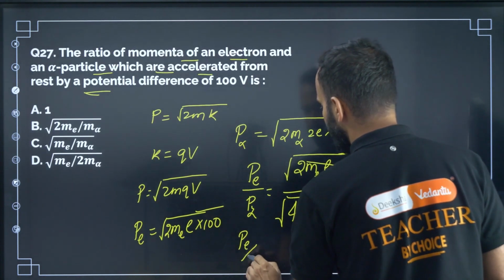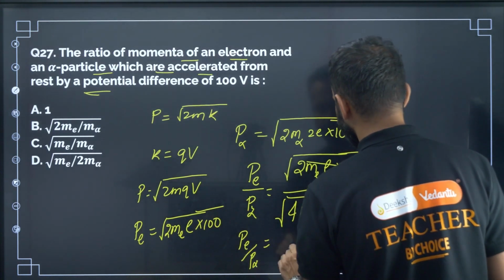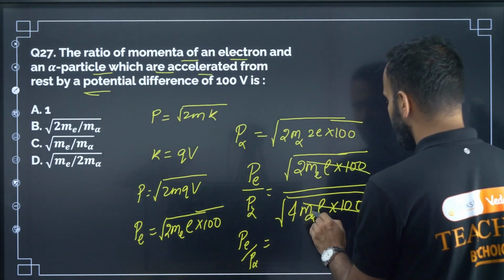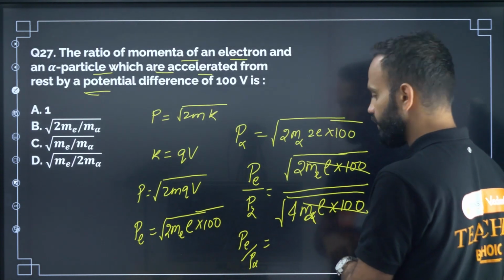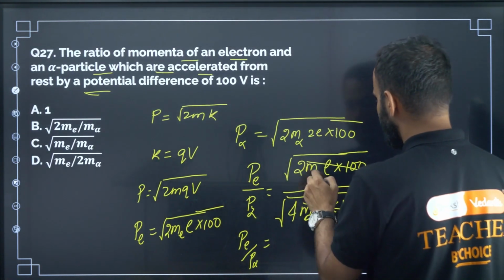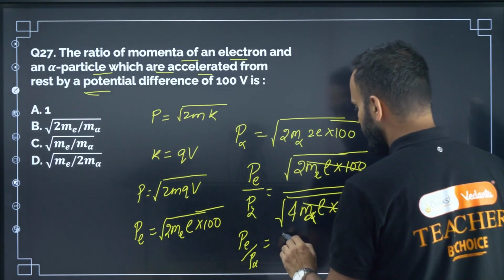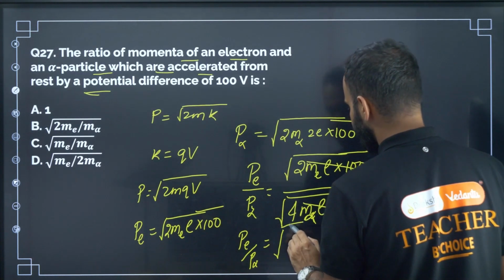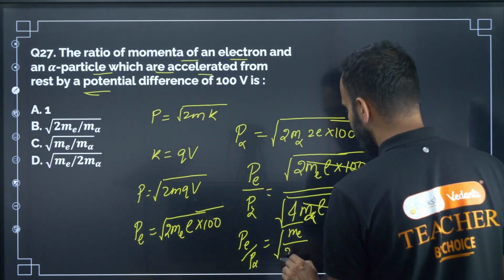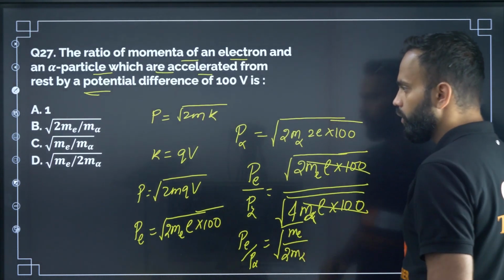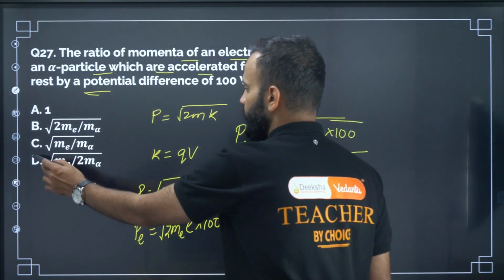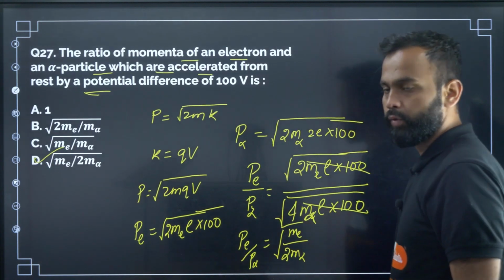So this will be root of me by 2 m alpha. So the correct option is D.